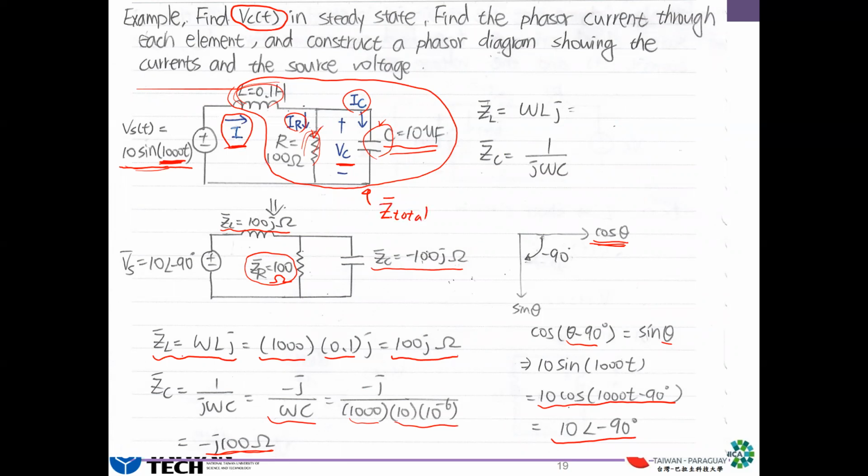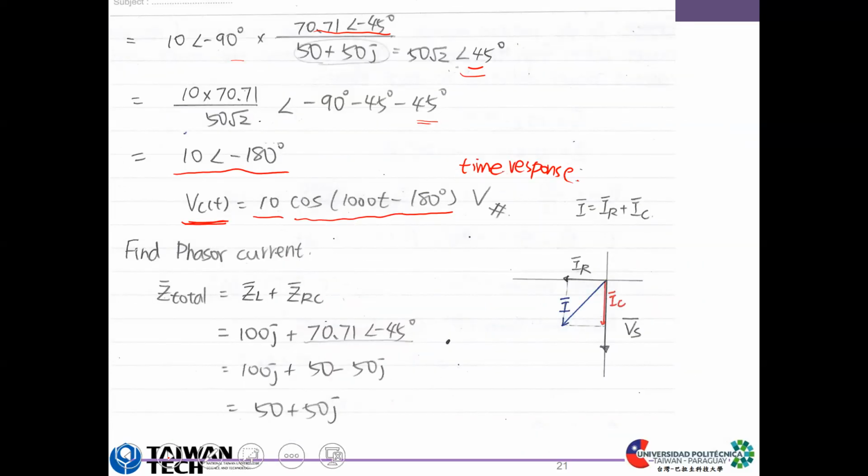The total impedance equals ZL plus ZRC, because the inductor and the equivalent impedance of RC are in series. So we just sum up their impedance. And to add impedance, we need to convert it from polar form to rectangular form. So this is the result, the total impedance.